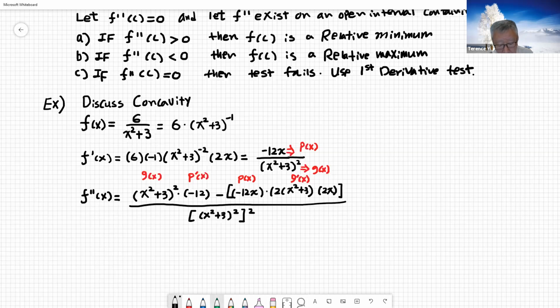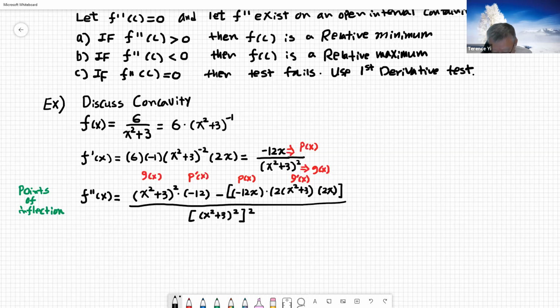So maybe I should write that here. From this f double prime here, we are finding points of inflection. So we're going to have to make this thing equal to 0, that's one way, or find the x value that makes this function undefined. Okay.